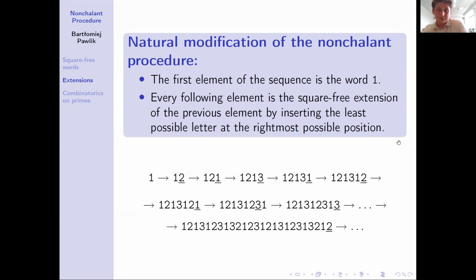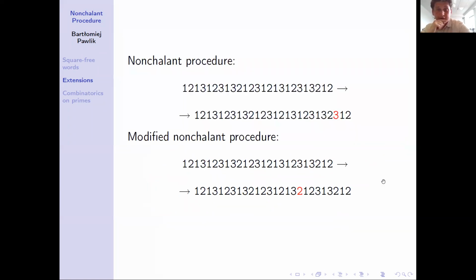So it looks very similar, and it acts very similarly to the classical nonchalant procedure, but it goes differently when we get the word of length 25, I believe. The original nonchalant procedure in this word puts a 3 two positions deeper than the rightmost, and this modified procedure puts a 2.